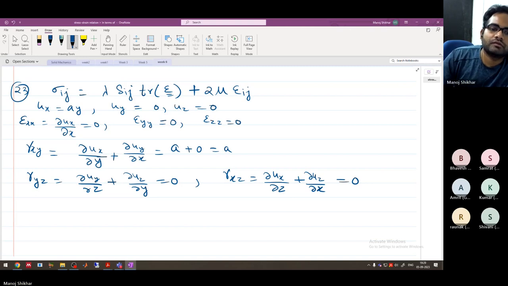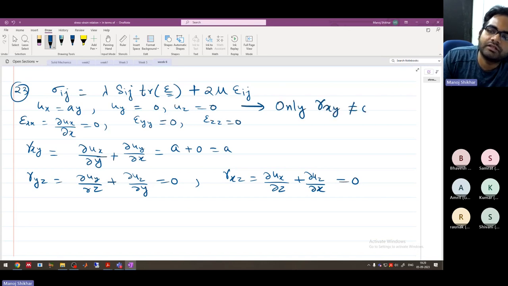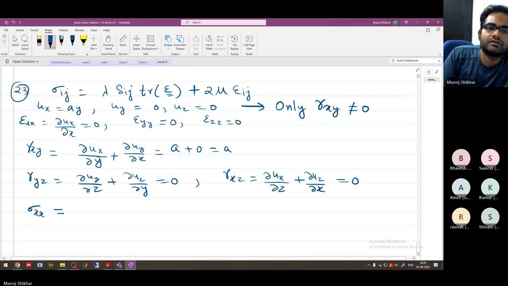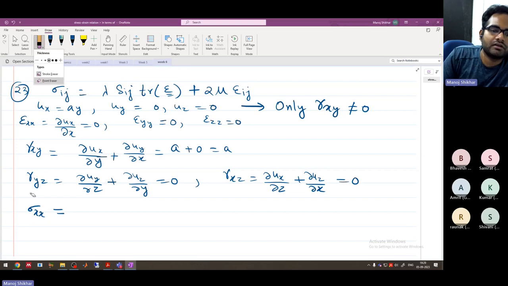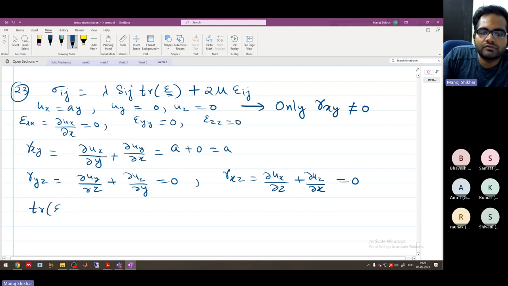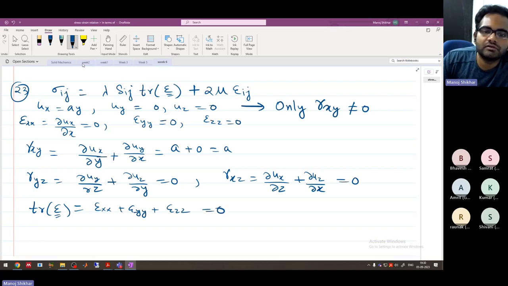So for this displacement, only gamma xy is not 0, right? Now we will plug this into sigma ij. First of all, let's calculate the trace of epsilon because that will be used. The trace of epsilon is epsilon xx plus epsilon yy plus epsilon zz, and they are all 0. So this is equal to 0.